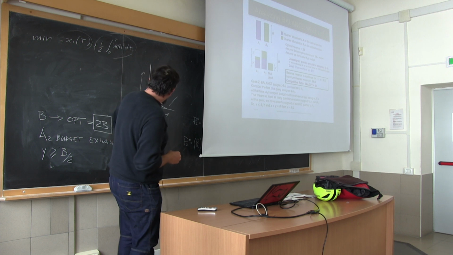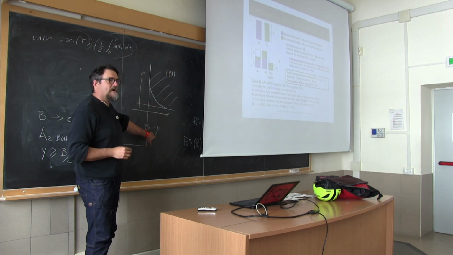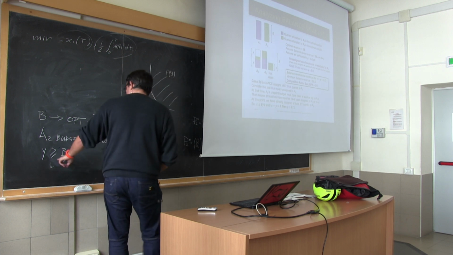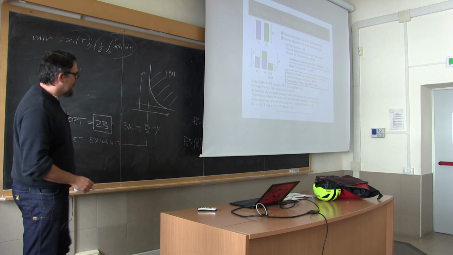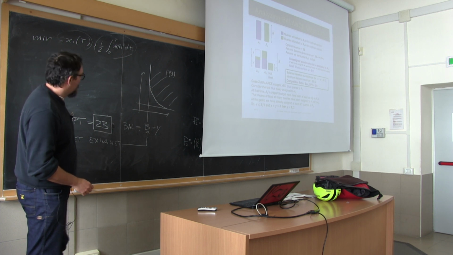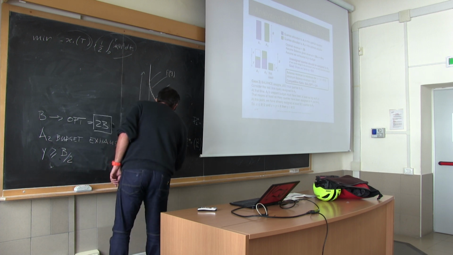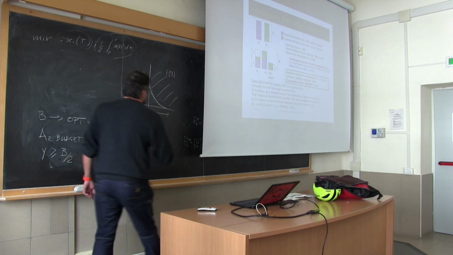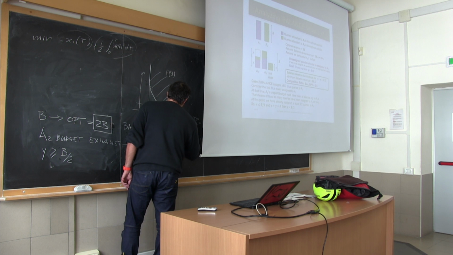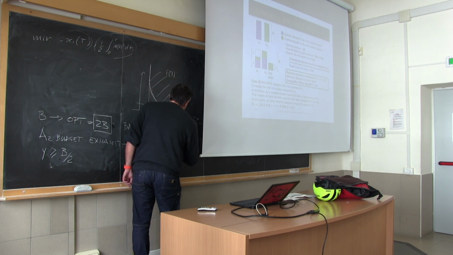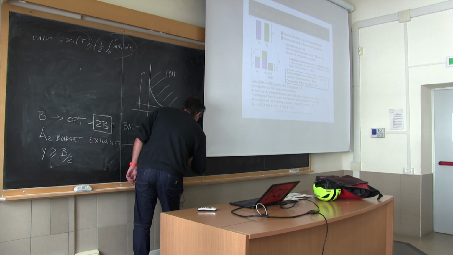Now we have that balance is B plus Y. But now we know that Y is bigger than B over 2. And so we have B plus B over 2, and so 3 over 2 B, divided by 2B, which is 3 over 4.